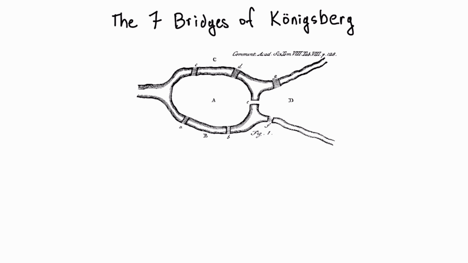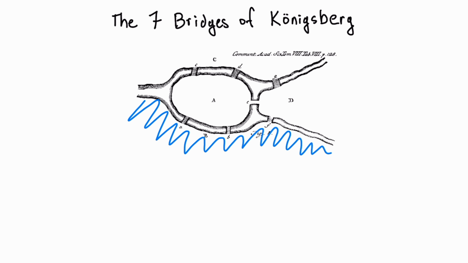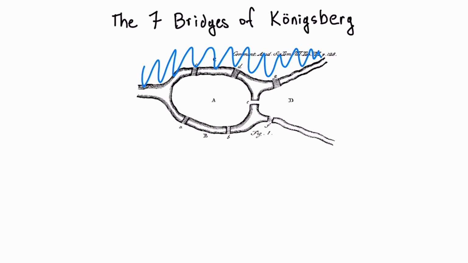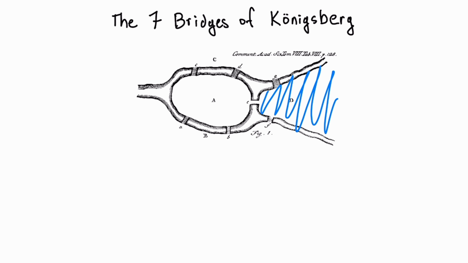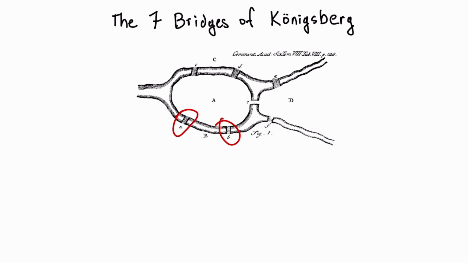He labels the 4 landmasses A, B, C, and D. The 4 landmasses are connected by 7 bridges, labeled with lowercase letters in Euler's diagram. There's bridge a, bridge b, bridge c, bridge d, bridge e, bridge f, and bridge g.